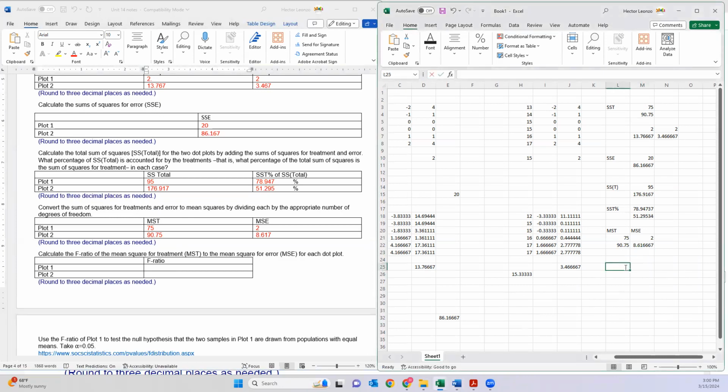Now, how am I going to do my ratio? Let me write the formula that I'm about to use by hand: my MST divided by MSE.